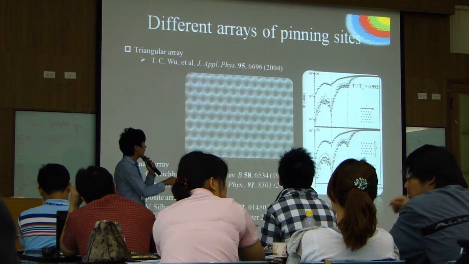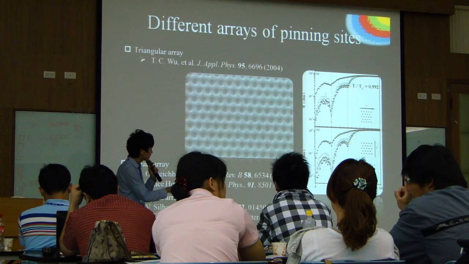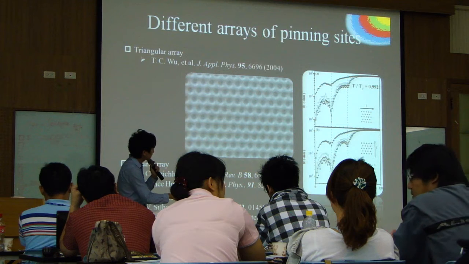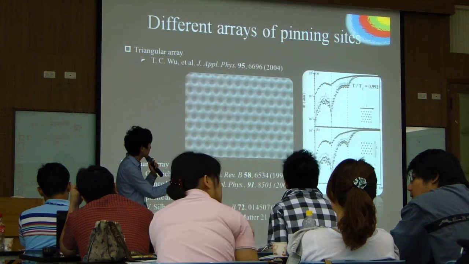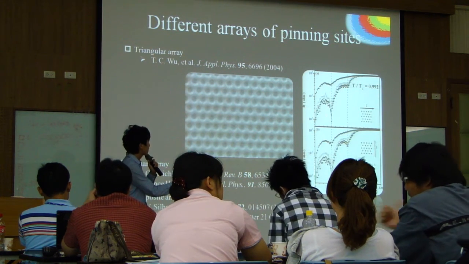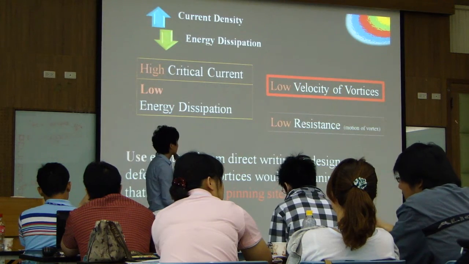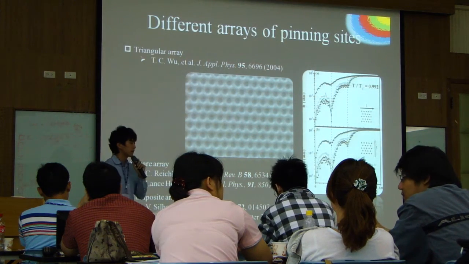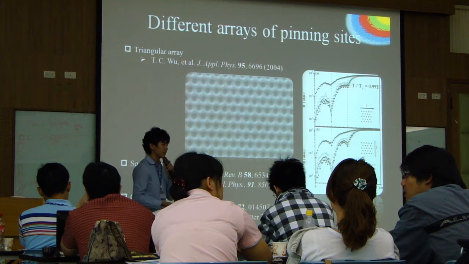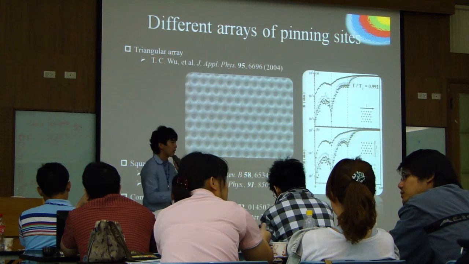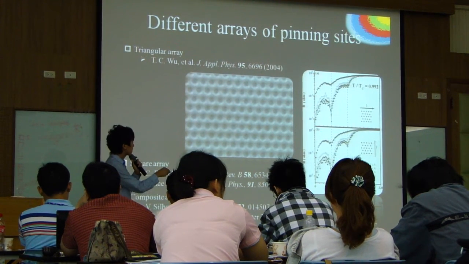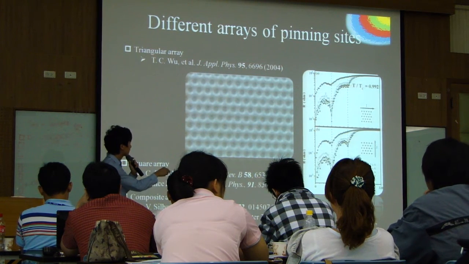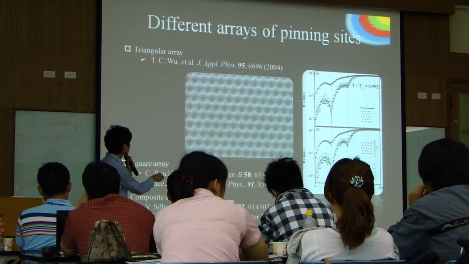We can see there is a very special phenomenon at specific magnetic fields. At these magnetic fields, there are dips in the resistance. Here we say that low resistance means low velocity of the vortex. So here we know that the vortex is pinned by these defects. This magnetic field we call the matching field, and this effect we call the pinning effect.